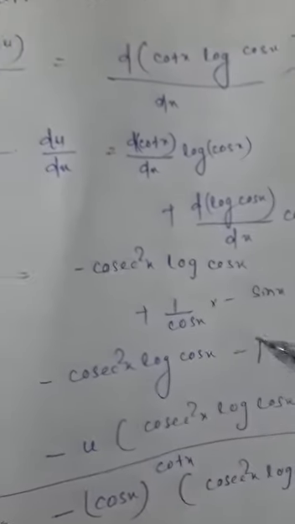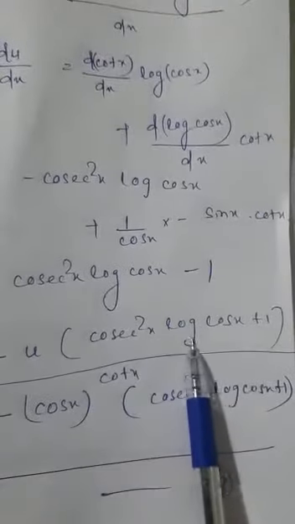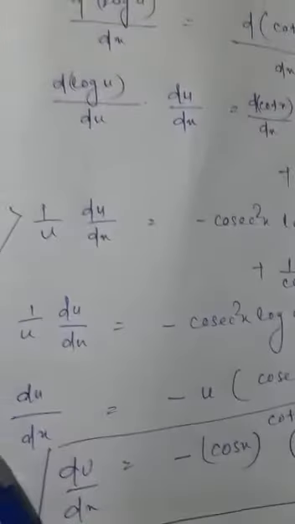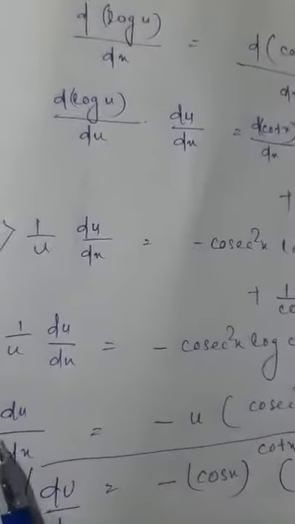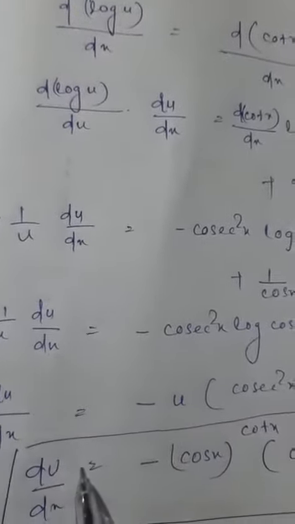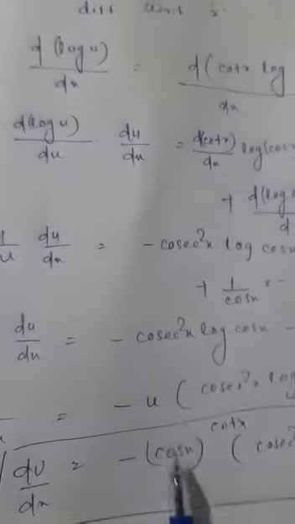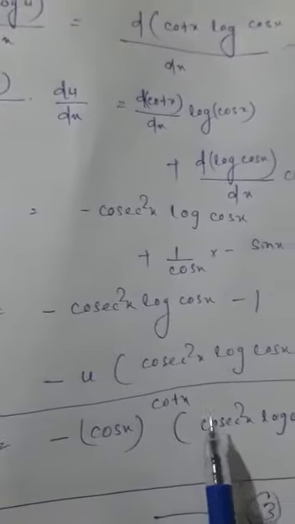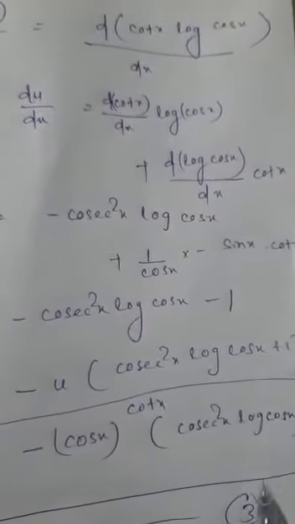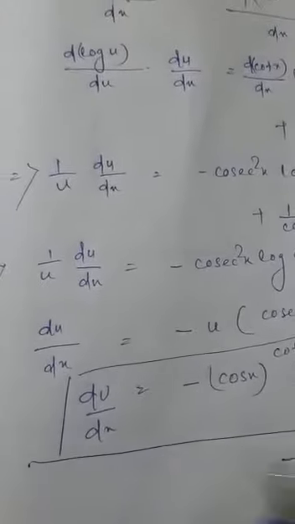Taking the minus sign as a common factor, you will get cosec square x log cos x plus 1. Here u is divided, so u will be multiplied. So what is the value of du by dx? du by dx equals u, put the value of u equal to (cos x) to the power cot x, times minus cosec square x log cos x plus 1. Let us name this equation as equation number 3. So we get the value of du by dx.